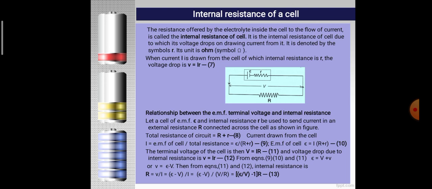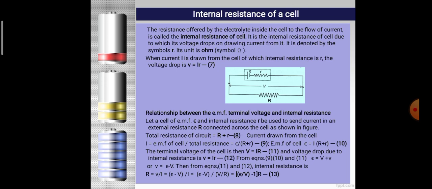Now, let a cell of EMF epsilon and internal resistance small r be used to send current in an external resistance capital R connected across the cell as shown in the figure. The total resistance of the circuit is R plus r. Consider this as equation 8.